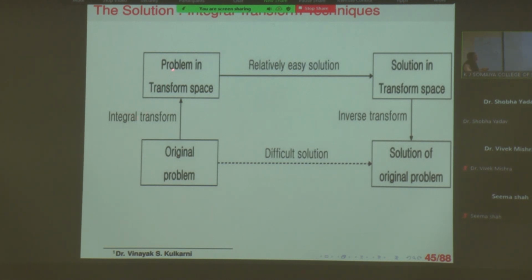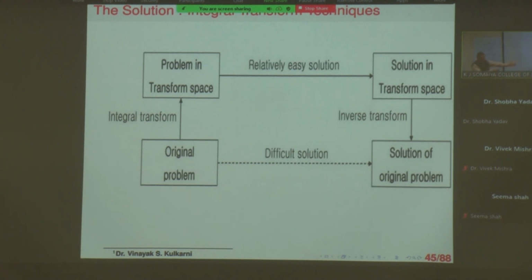Then this shifted problem in the transform space is relatively easy to solve. Basically, it is very difficult sometimes to find a direct solution of the original problem, and therefore I can take advantage of the integral transform. I can shift the original problem into the transform space via integral transform. After shifting into the transform space, the problem is relatively easy to solve.